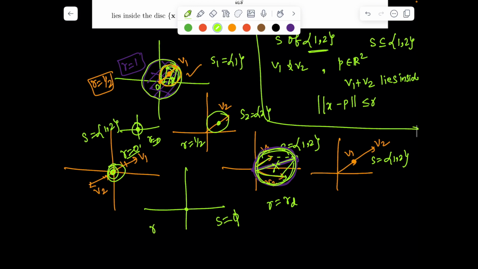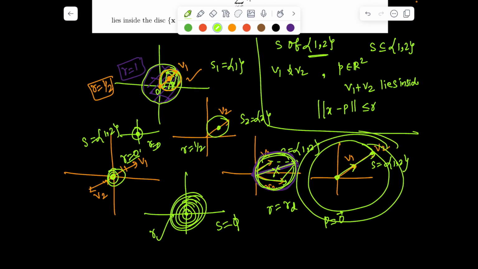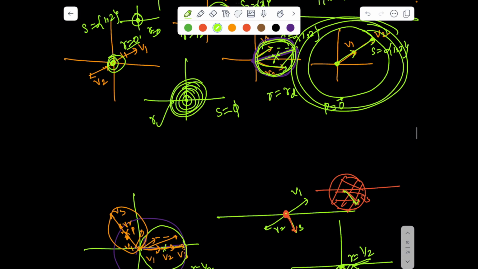For the empty set any radius will work, because any value will definitely work here. For b1 plus b2, if I take a circle with center P at the origin, the zero vector, then definitely it is going to work, but we can go lower than that, and of course greater values definitely work.